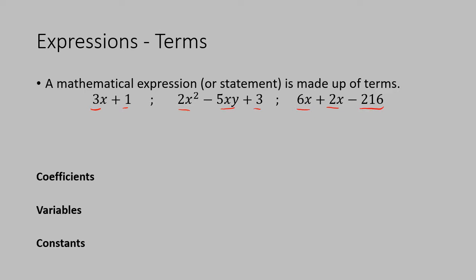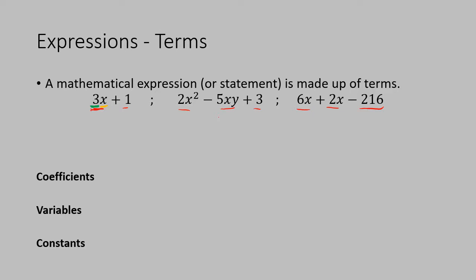And each term consists of different things. So for example, this 3x has two parts to it. It has a coefficient. A coefficient is the number that is multiplying the variable. The variable is the other part of this term in this expression.